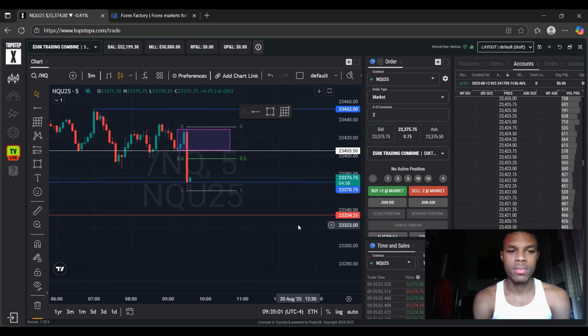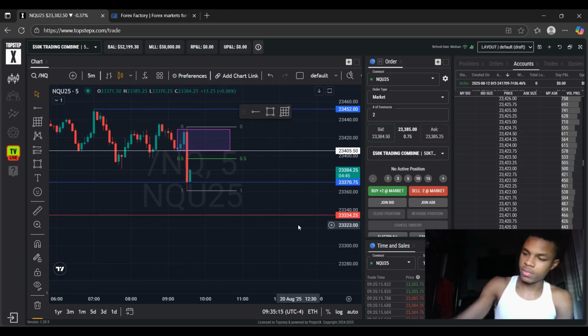All right, we swept. Getting green for the 5 minute. Get bullish momentum.